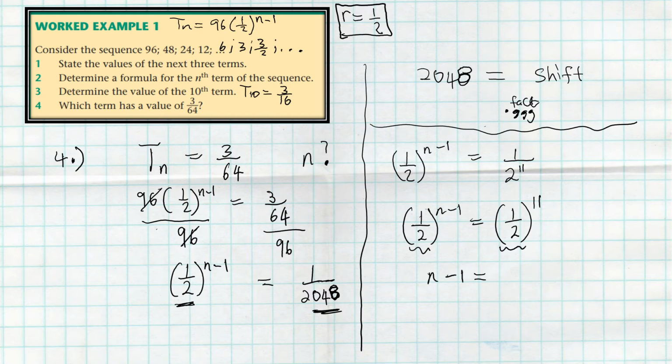So n minus 1 equals 11, then n equals 11 plus 1, which gives us 12. So our n is 12. Which term has the value of 3 over 64? It's term number 12.